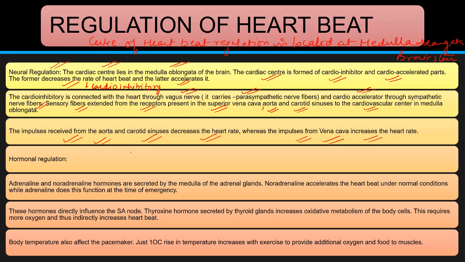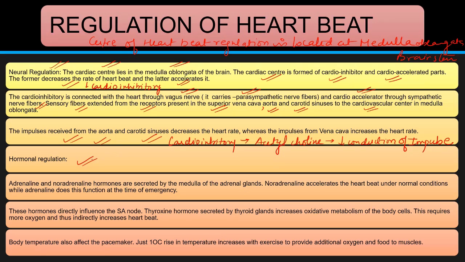So please remember this point as well, that the cardio-inhibitory effect is because of the secretion of acetylcholine, which decreases the conduction of impulse, the cardiac output, and the action potential.